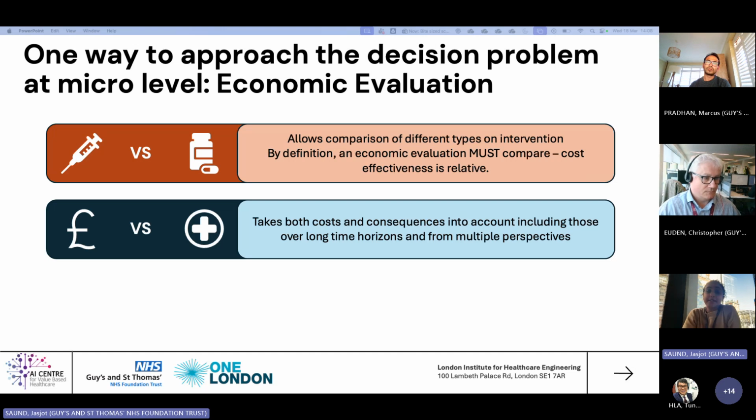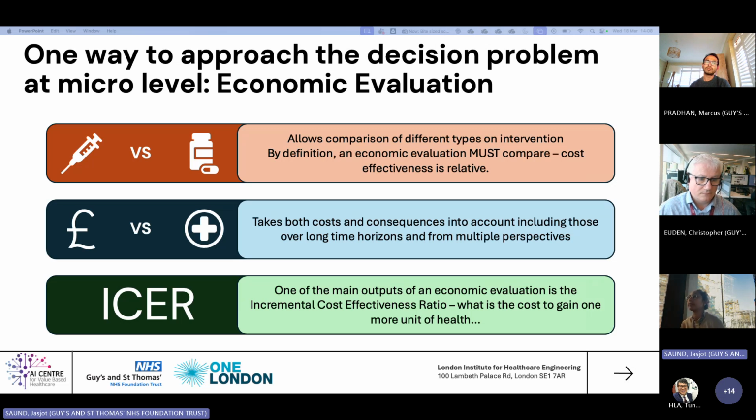But a societal perspective might also take into account that that person might not need a carer for as long. They might not need transport or help to get to work for as long. So it looks at the benefits outside of just that person, and you're improving the well-being of the others around them as well.